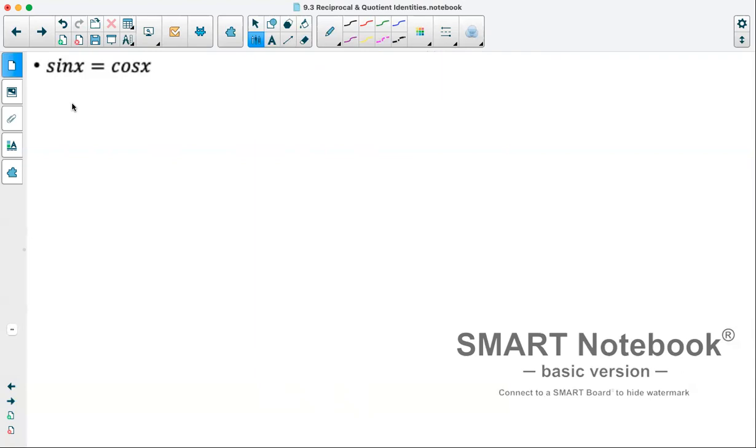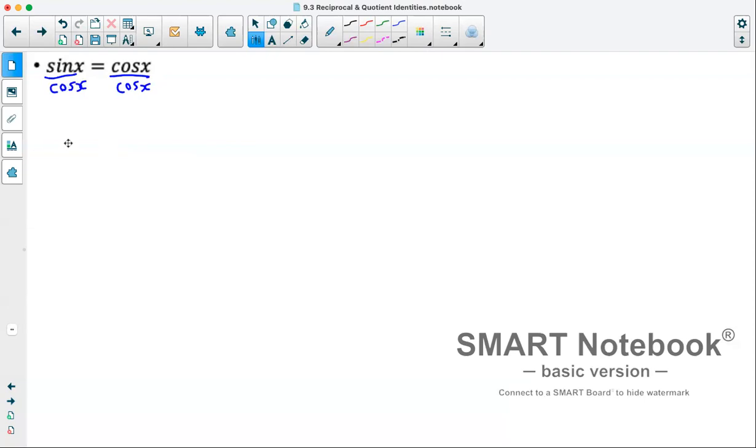Now, if we do division to move one of these to the other side, we can end up with our tangent x or cotangent x. Now, it's more advisable to go to the one that is a basic trig function, so tan x. So I would probably divide both sides by cos x.